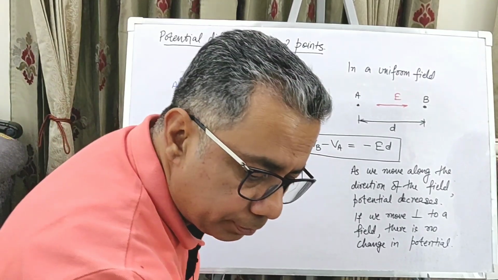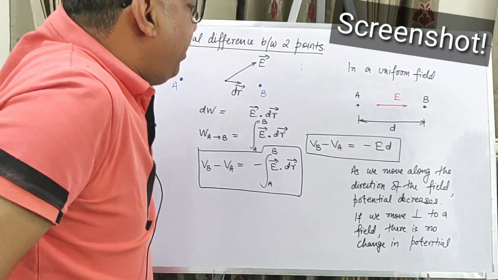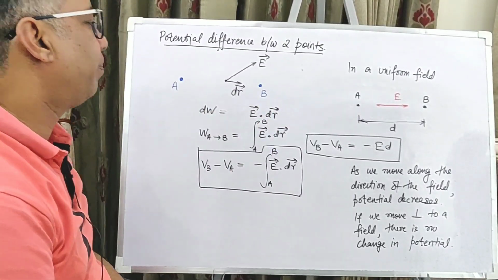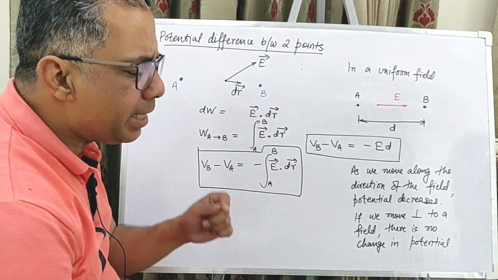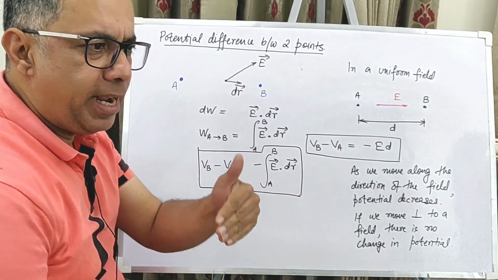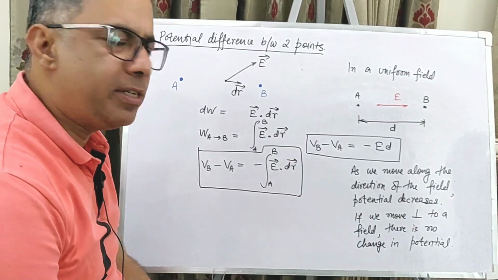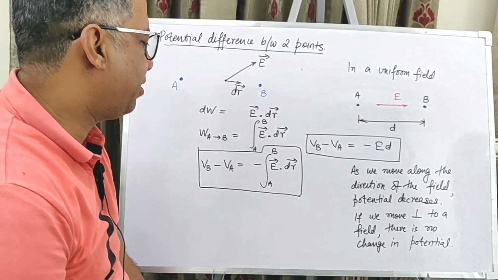Now there is another very interesting set of interpretations regarding potential, and that is about the gradient of potential, the rate at which potential decreases or increases as we move along a certain direction. We'll be doing that interpretation now.